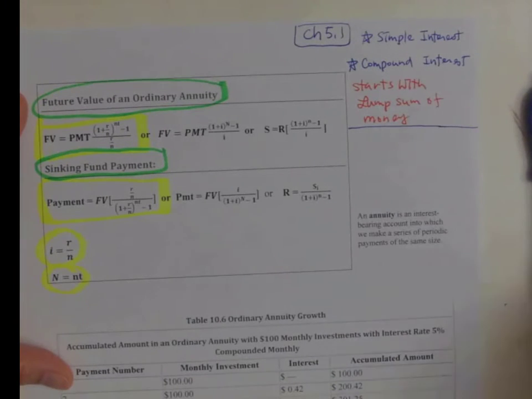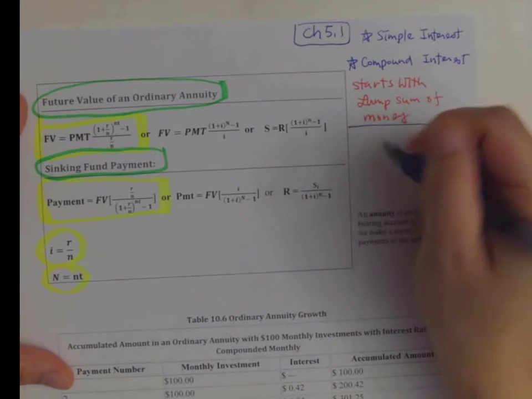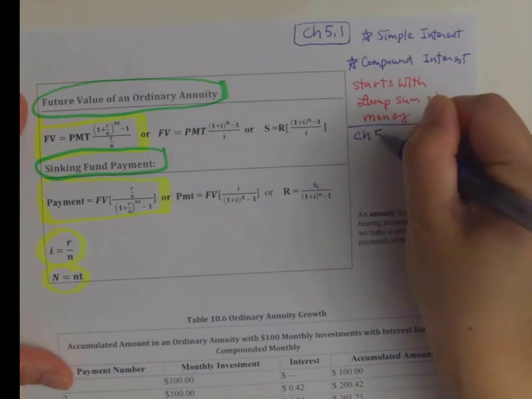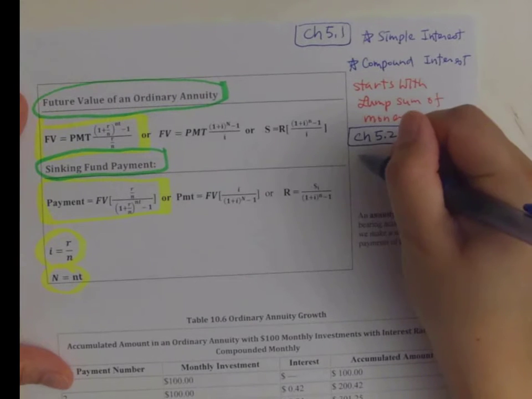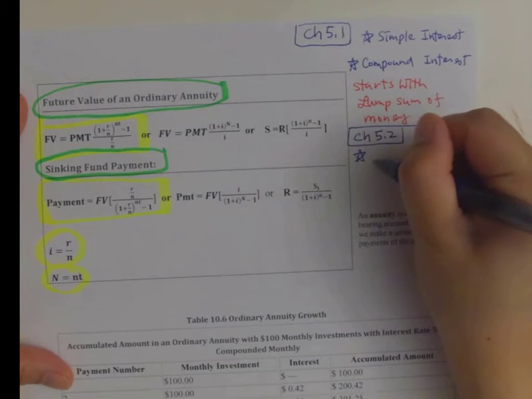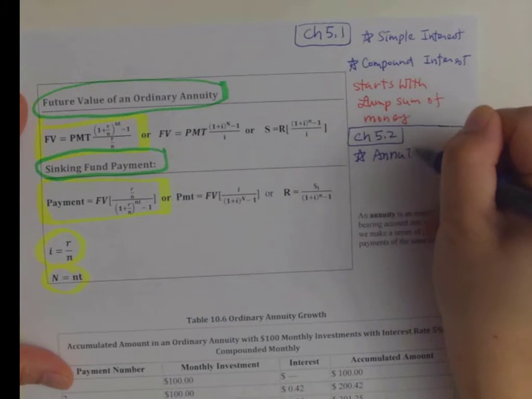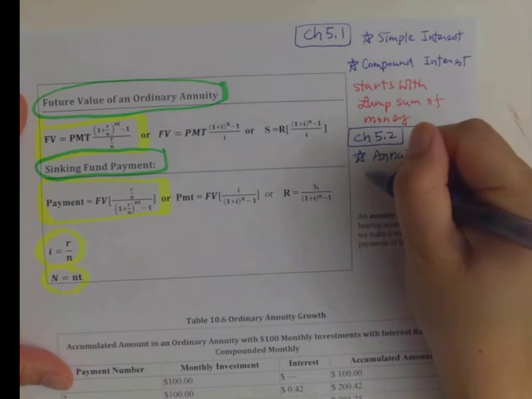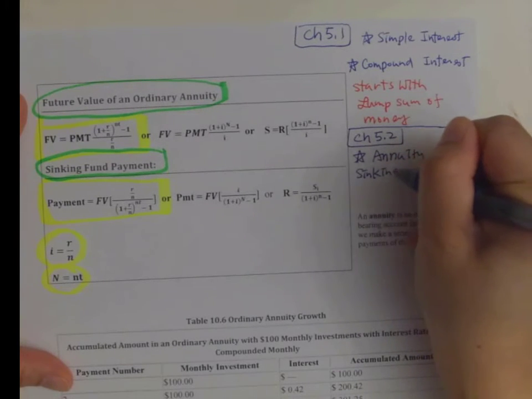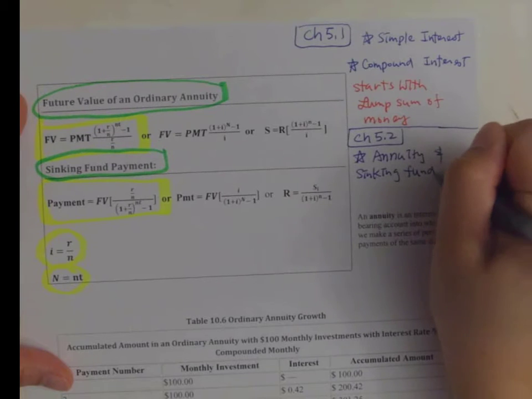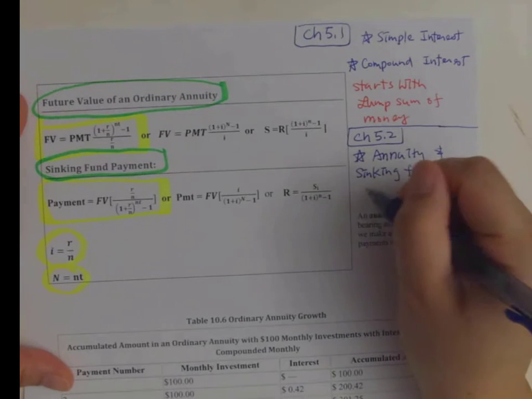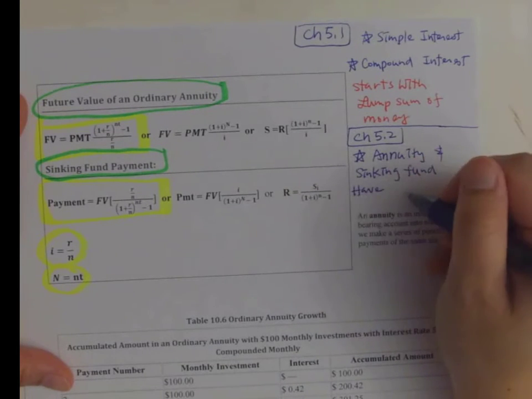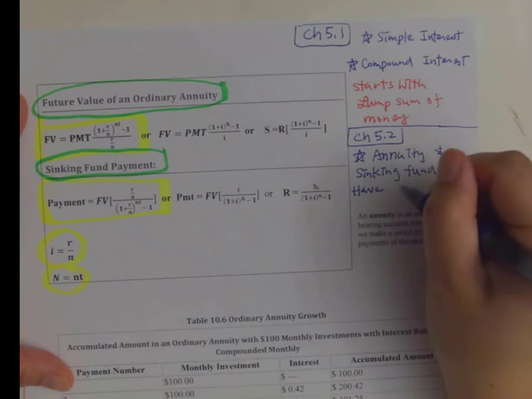But 5.2, the annuity and sinking fund is not the same. Both of them have periodic payments or deposits.